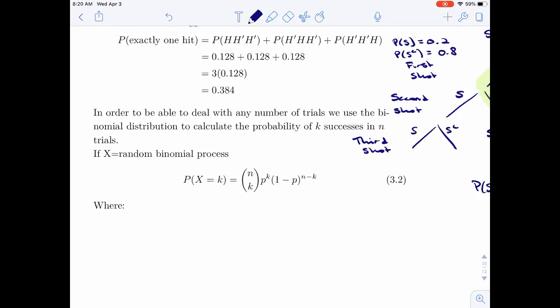The probability that X equals K, the number of successes, is N choose K, which might be a new function, so we'll talk about that. But N choose K times P, the probability of success, to the power of K, the number of successes. And then we've seen this 1 minus P, which is the probability of a failure. We could replace this with Q if we wanted, to the power of the number of failures, N minus K.